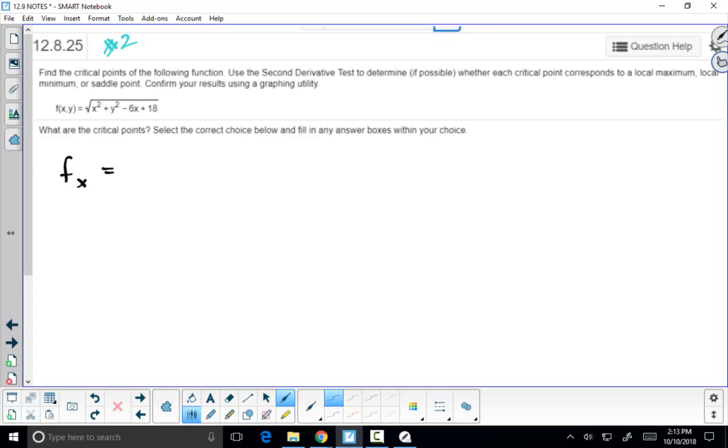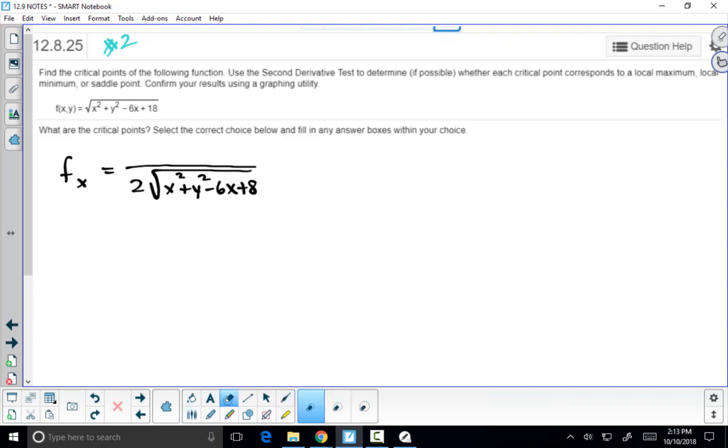Partial with respect to x, we're going to have a 1/2 quantity to the minus 1/2. So we're going to have a 2 in the denominator, with the square root of the whole thing in the denominator. Then we take the partial of the inside with respect to x, which looks like 2x minus 6.